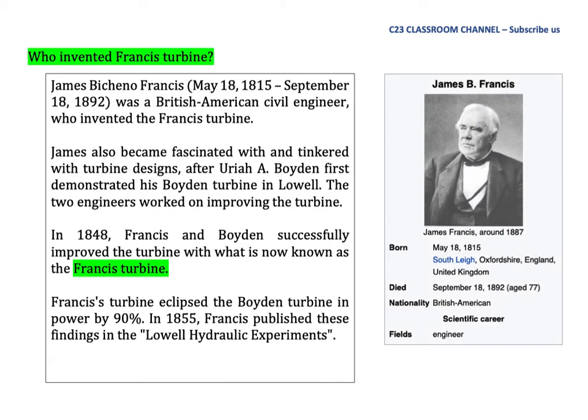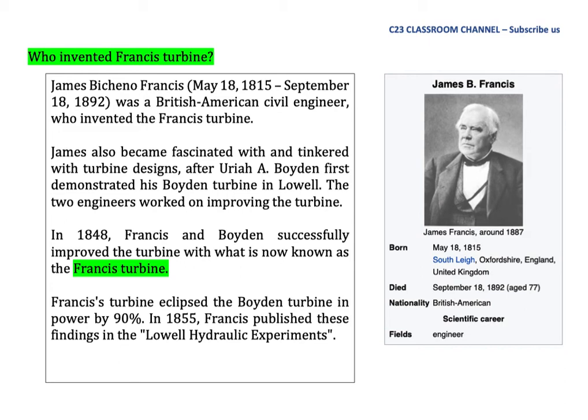Third, Francis turbine. James Bicheno Francis, 1815 to 1892, was a British-American civil engineer who invented the Francis turbine. James also became fascinated with and tinkered with turbine design after Uriah Boyden first demonstrated his Boyden turbine in Lowell. The two engineers worked on improving the turbine.